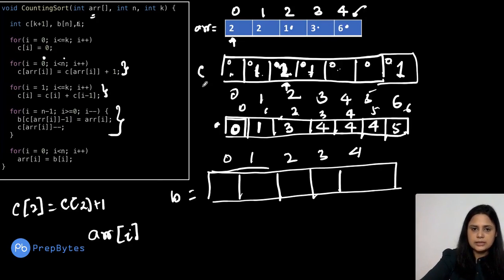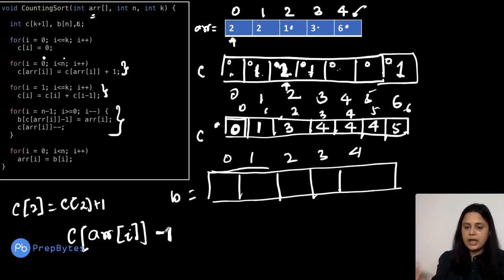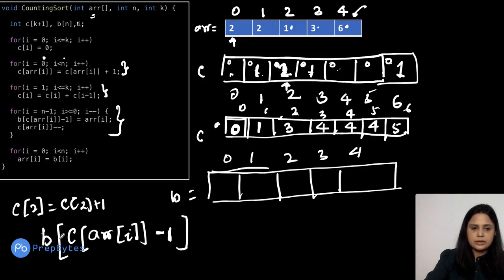So let's say this is the array C. So we always find the place for a particular number by going to the C and finding the value at that particular index. So it's going to be C of array of I minus 1. Okay, so C of array of I minus 1 will give me the right place. And where do we have to put it? We have to put it in this array B. So it will be like B of C of array of I minus 1 is equal to array of I. So in this case, let's say array of I is 6.